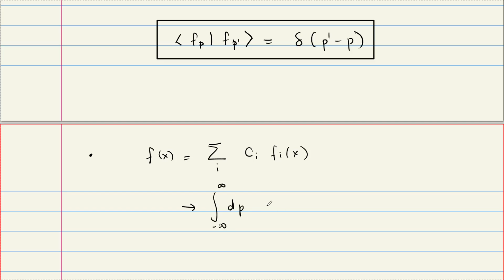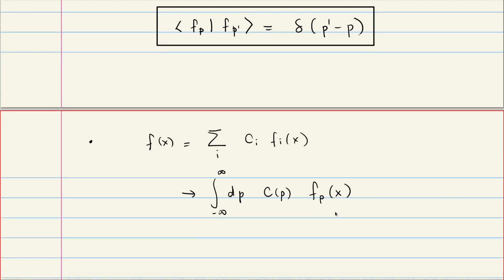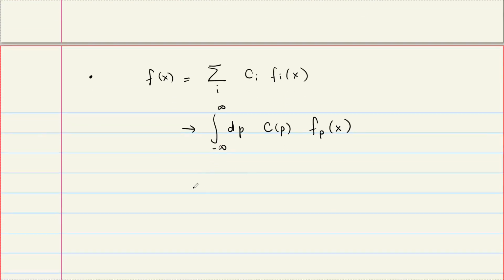So this is dp, c(p) is some expansion coefficient, and this is f_p(x). If I open this up, I have the integral from minus infinity to plus infinity dp over √(2πħ) c(p) e^{(i/ħ)px}. And this is the Fourier transform, right?